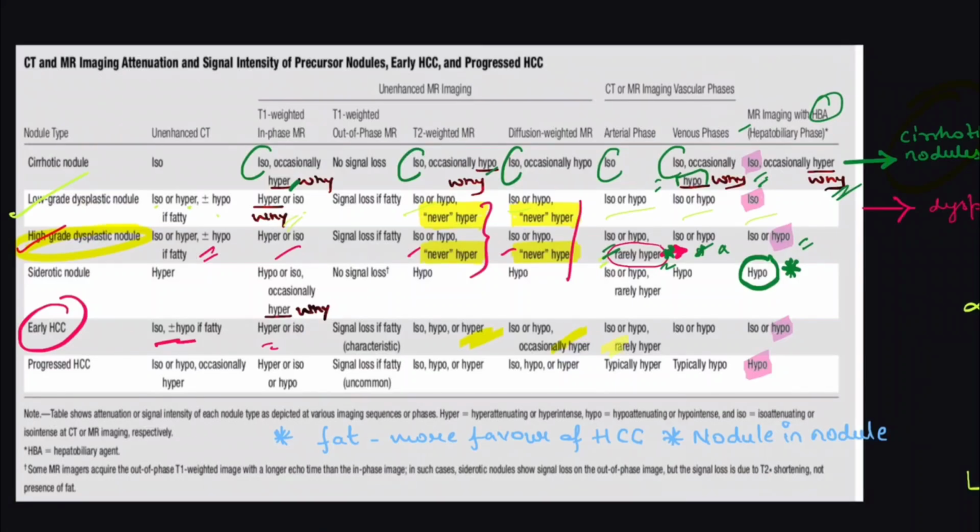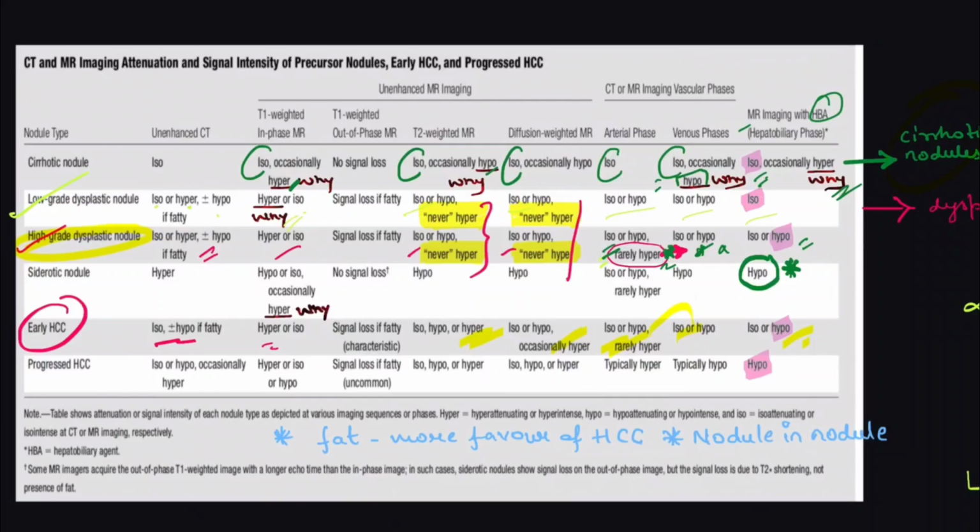They can also show arterial enhancement, but from this stage there will be washout and capsule presentation, and they will be hypo on the hepatobiliary phases.